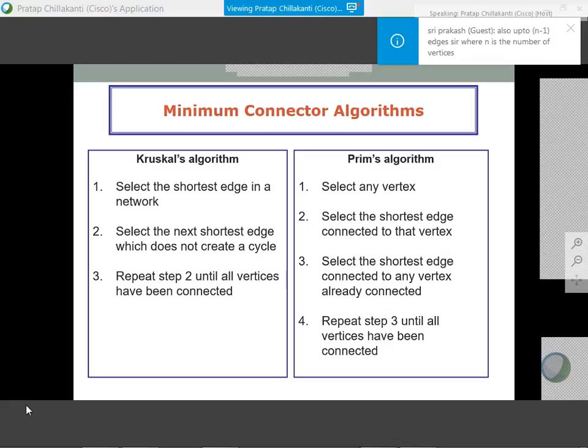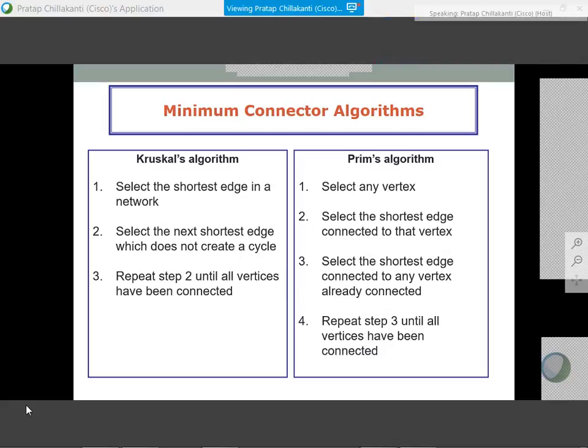And then step number 3, select the shortest edge connected to any vertex already connected. So you're building one tree. And then you continue to repeat step 3 until all vertices have been connected, because that's the end goal, right? All vertices have to be connected.